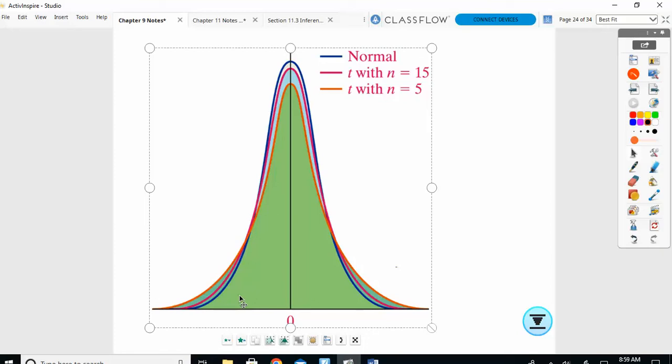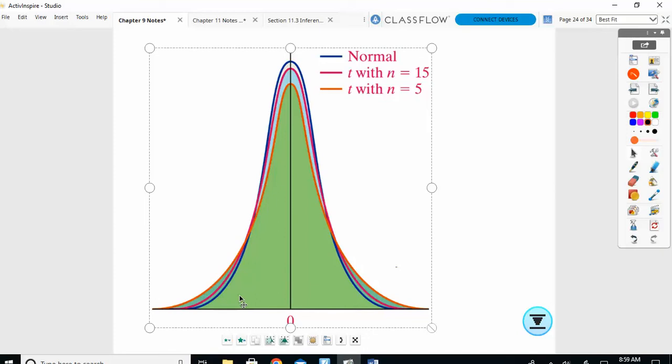We have a table for the t distribution, just like we did for the normal distribution. It's on the next page. If you flip your normal table, the back of that is your t distribution. If you look at the top, this is one change for us. We know the normal distribution gives us area to the left.